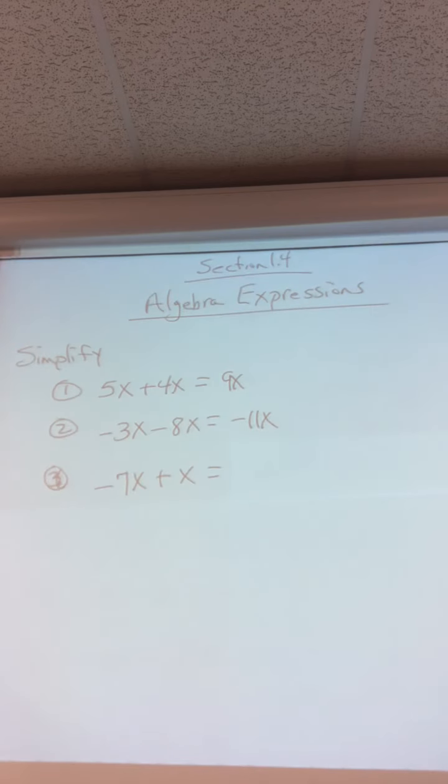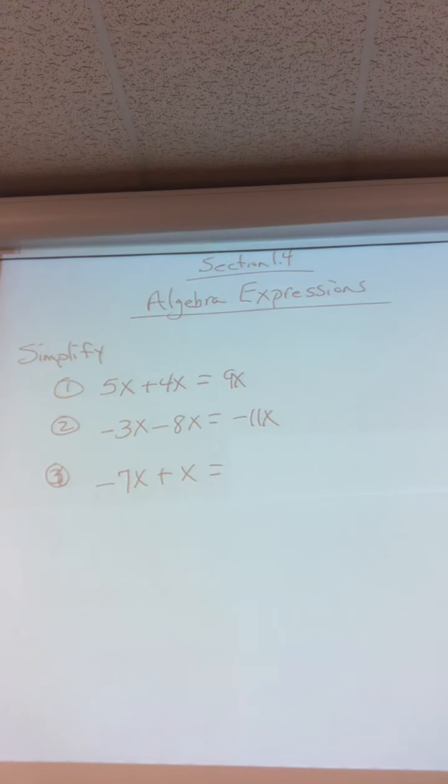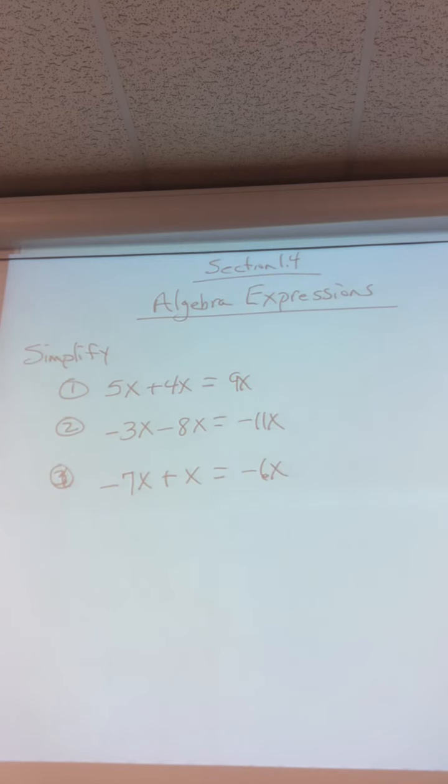All right, this next one, negative 7x plus x. Are these like terms? Yes, they are. Remember, if there is no coefficient in front of this letter, it is understood 1. So this is negative 7x plus 1x, which is negative 6x.